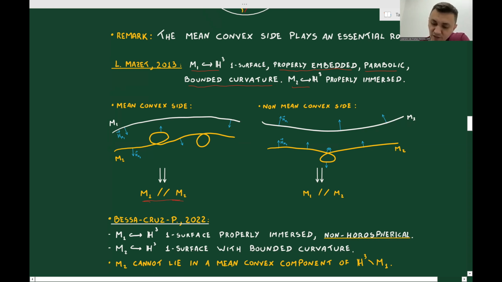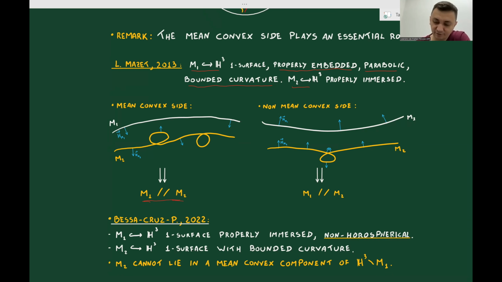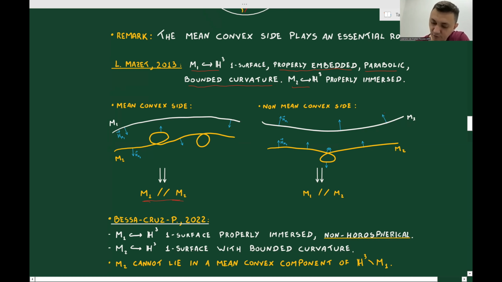And in the non-mean convex side, which means that here I define the mean convex side above M1, but M2 is not on the mean convex side of M1. In this case, M2 defines a mean convex region, which is this one, and M1 lies inside this mean convex region.